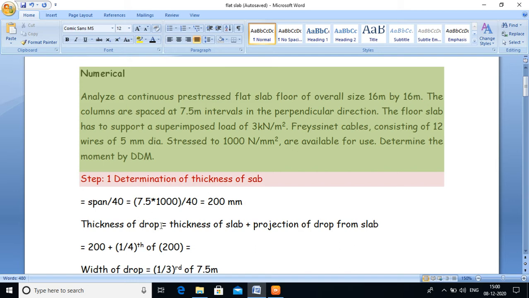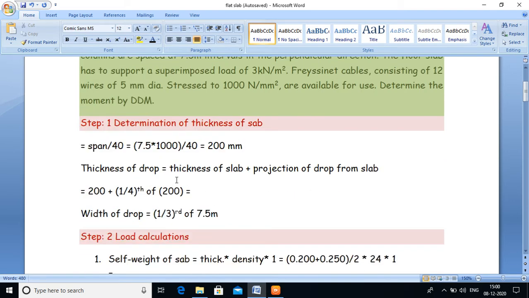Now how do we get the thickness of drop? Thickness of drop is equal to thickness of slab plus projection of drop from the slab. What will be the projection? That we discussed in the last lecture. The minimum projection of the drop from the slab is one-fourth of the thickness of slab, and that minimum category we have considered here.